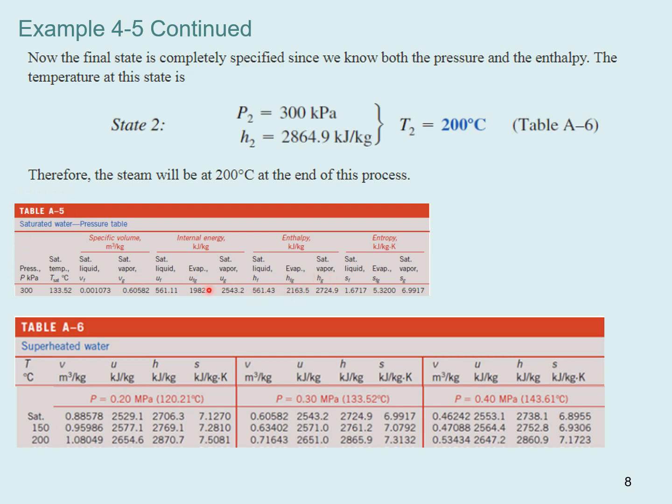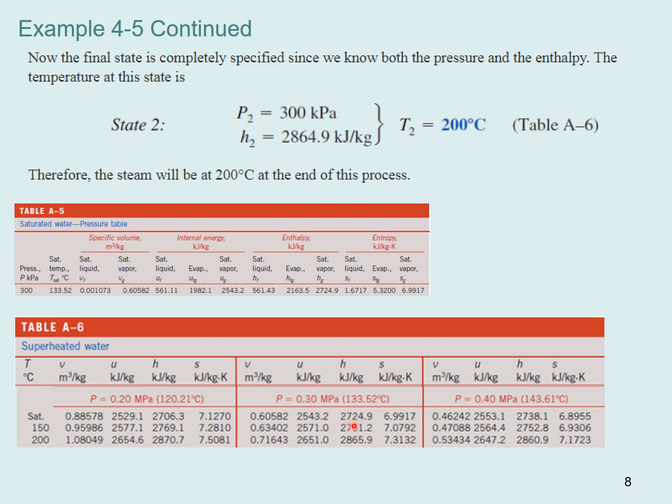We have to go to the superheated table, and here we can look up 300 kilopascals, which is 0.3 megapascals. So table A6, I've clipped a part of the table here. This is 0.3 megapascals or 300 kilopascals. So we look at the H values.